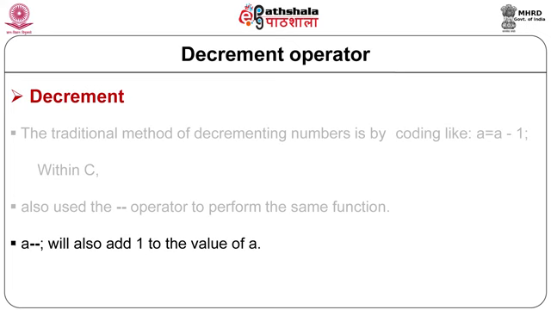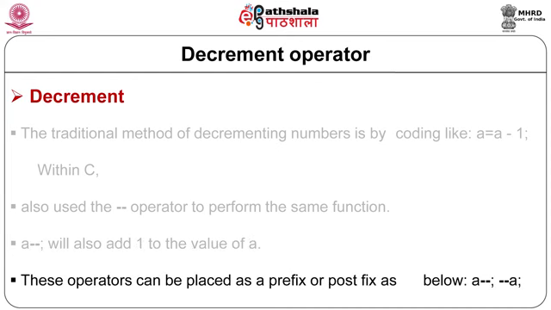It means it will subtract 1 from a variable. Now in this also you will find postfix decrement operator and prefix decrement operator, a minus minus or minus minus a. Prefix decrement operator is minus minus a and postfix is a minus minus.